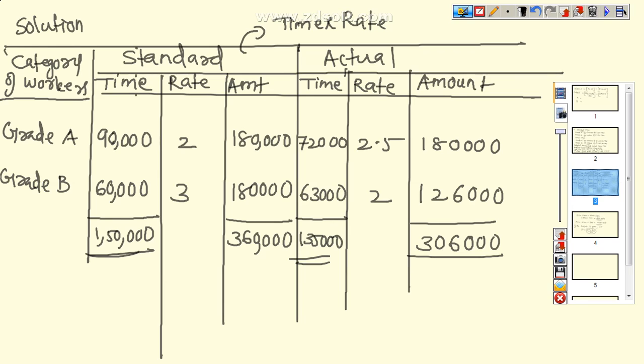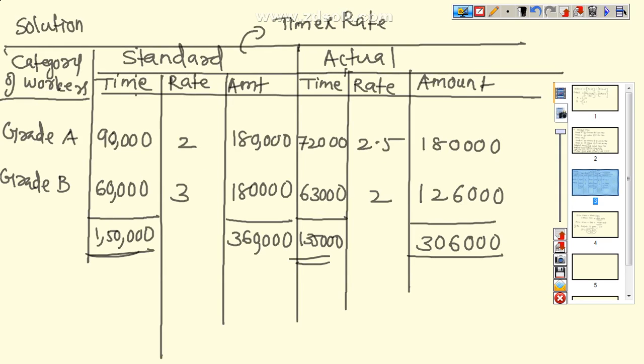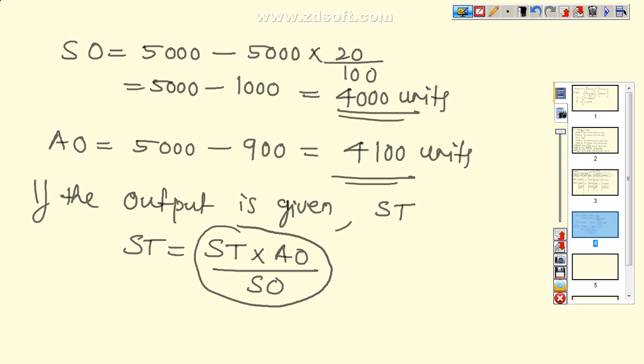Standard rate is 2 and 3, so here we write 2 and 3 multiplied by standard time, that is equal to 90,000 and 60,000. So here we write 90,000 and 60,000 multiplied by actual output. Already we have calculated actual output is 4,100 and standard output is 4,000.